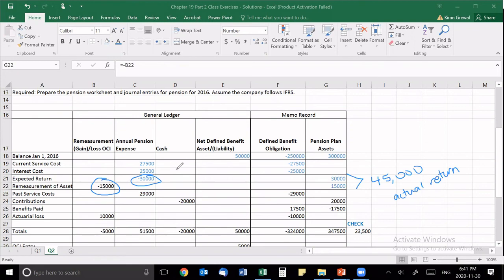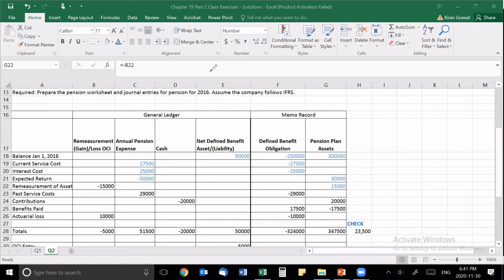Both of these together go into pension plan assets, and then we have our actual return in our pension plan assets. So just a couple more steps to get there for IFRS. In ASPE, we would have credited pension expense 45,000 and debited pension plan assets 45,000. Here, you just have to do it in two steps instead of one.